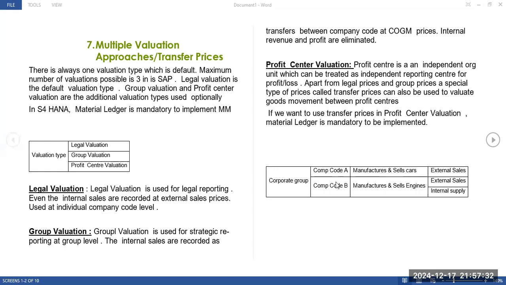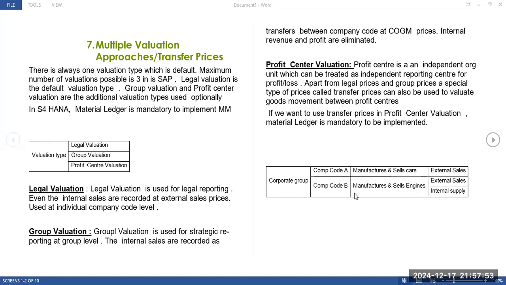So two separate companies have two different segments. One is manufacturing cars, the other is manufacturing and selling engines. The car selling company will have external sales and nothing other than that.